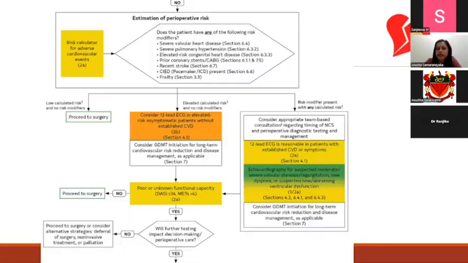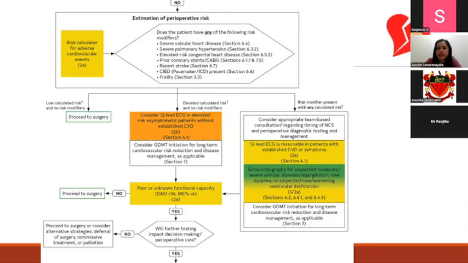If the patient is having any of these categories, then we have to go for further assessment, including the assessment of the ECG in detail, and the patient might need an echocardiogram versus the ventricular wall.